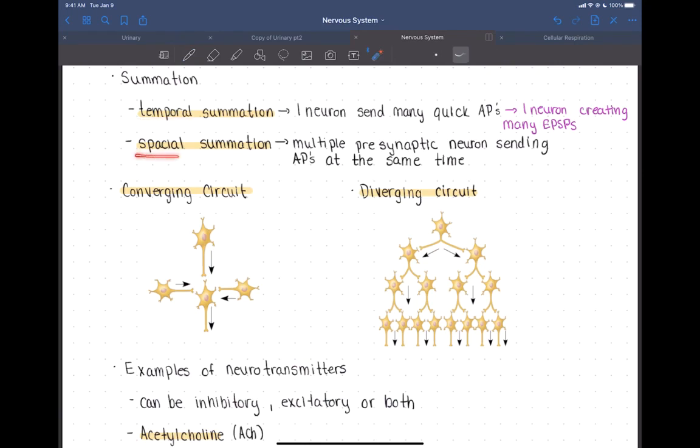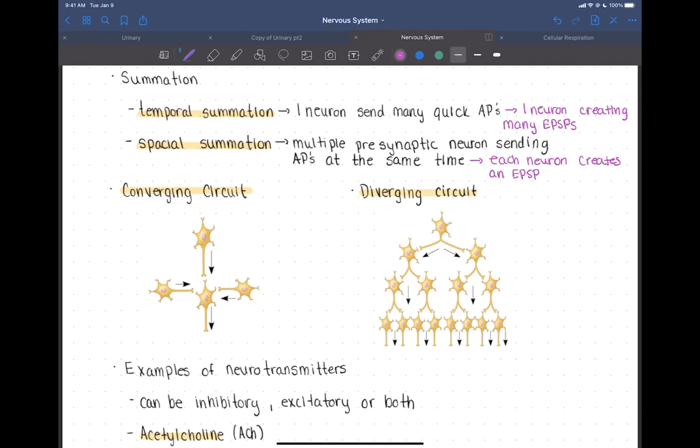And then you can have spatial summation. This means you could have many presynaptic neurons all sending information onto one postsynaptic neuron. Each neuron creates an EPSP, and all those from the many different neurons are added together.